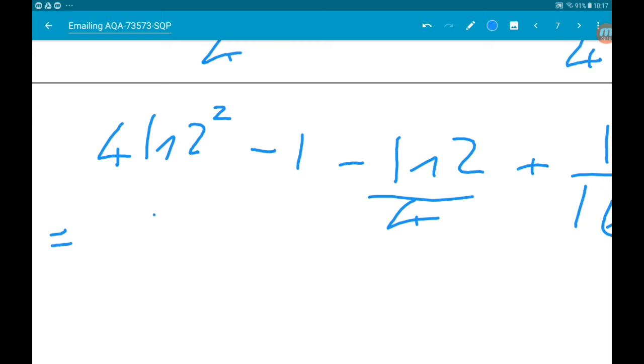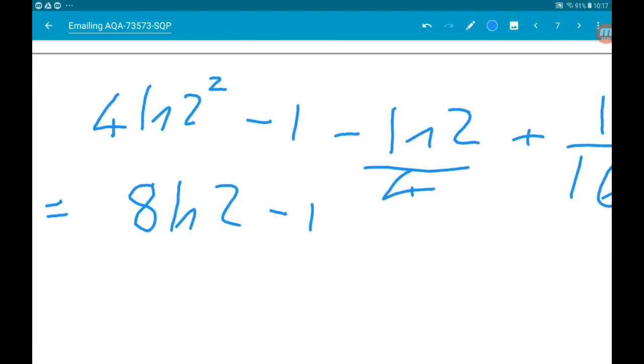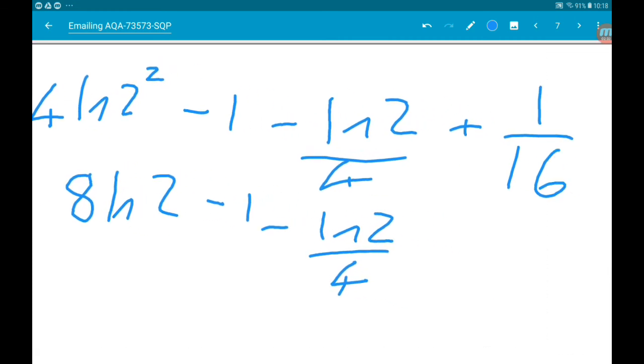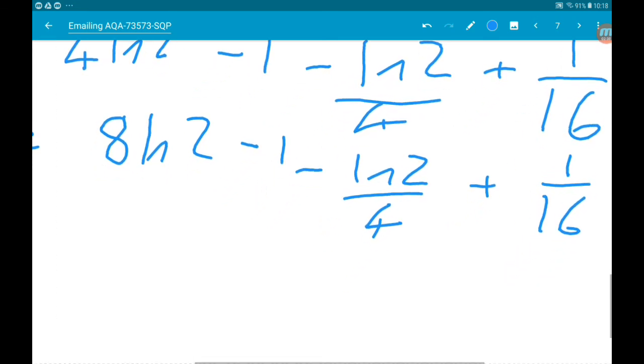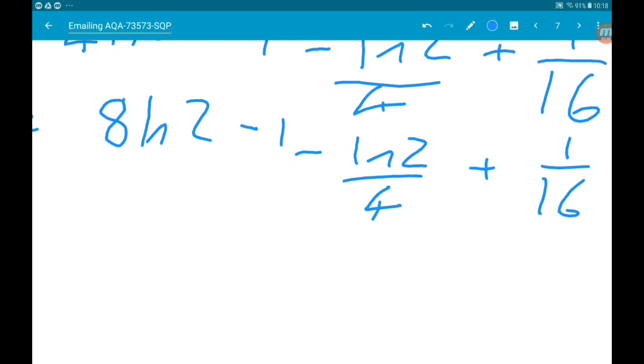So we could write this as 8 log 2 minus 1 minus log 2 over 4, add 1/16.